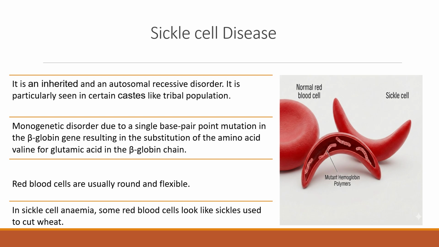In sickle cell anemia, these red blood cells turn into sickle-shaped or C-shaped cells, which are more fragile. They survive less in life, and they end up clogging the blood vessels rather than flowing through them.